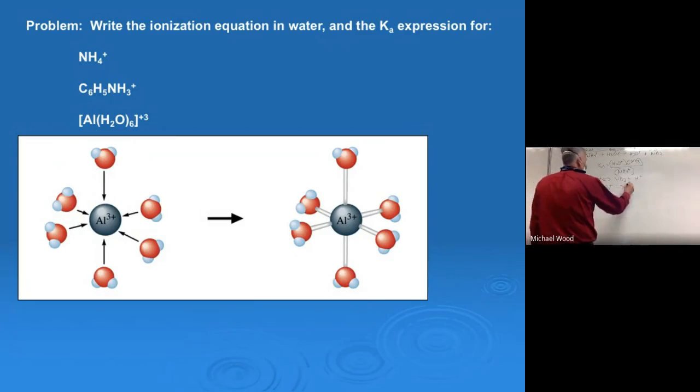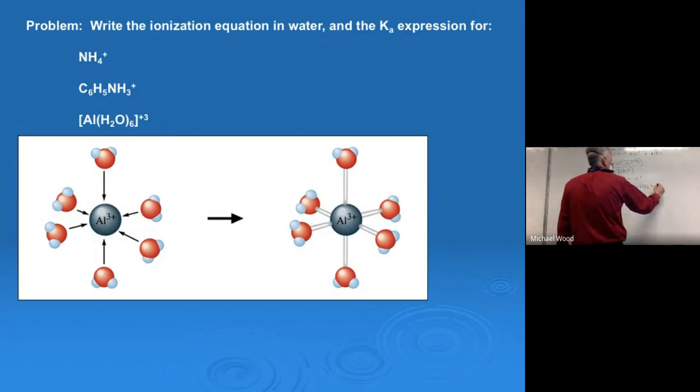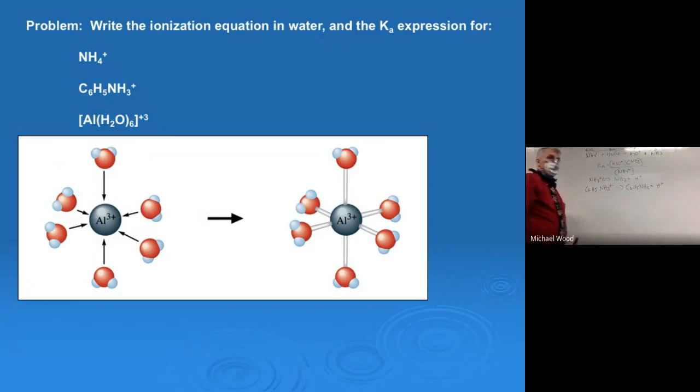So this is going to act as an acid, so it's going to give up an H, and so its charge is going to decrease by 1. Plus H plus. So all we're doing is showing this ionization, the breaking apart. And again, this should be a double arrow. You're right. And then the Ka, so the products on the top.